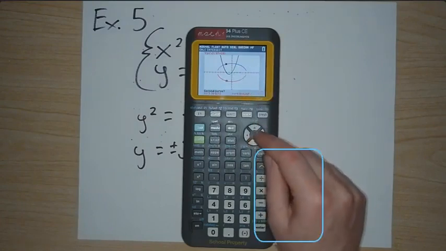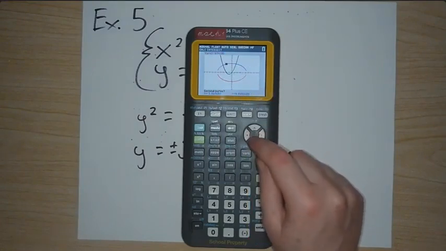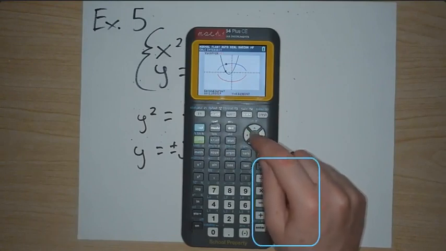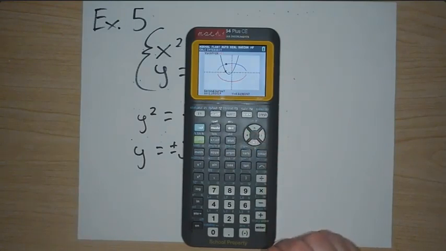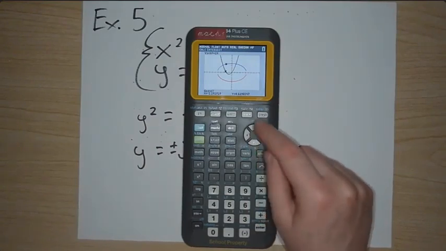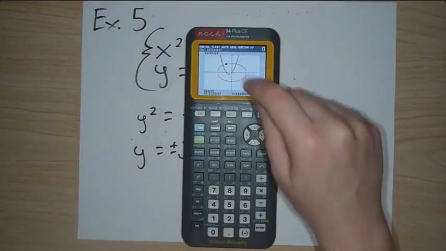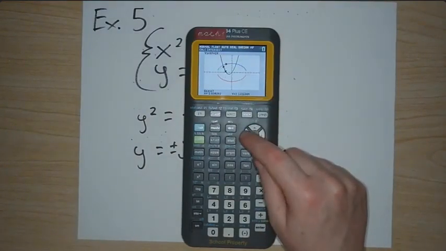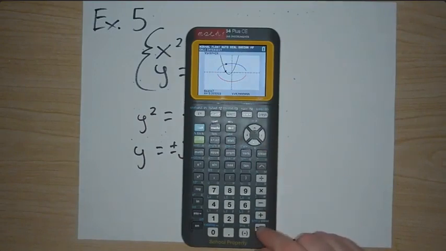So we're going to press up and over until we're on our other function, the parabola. Press enter. Next, it'll ask you to guess. You can choose either this intersection point or this intersection point. You'll scroll over next to it and press enter.